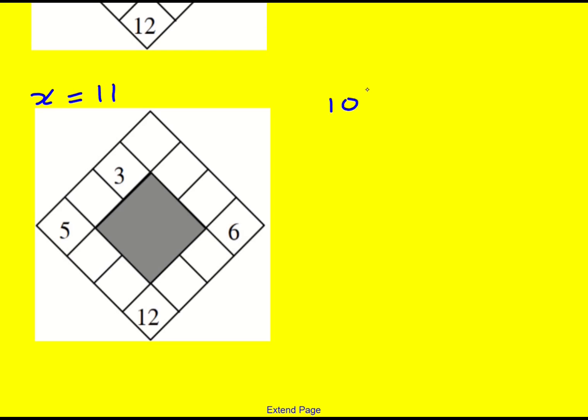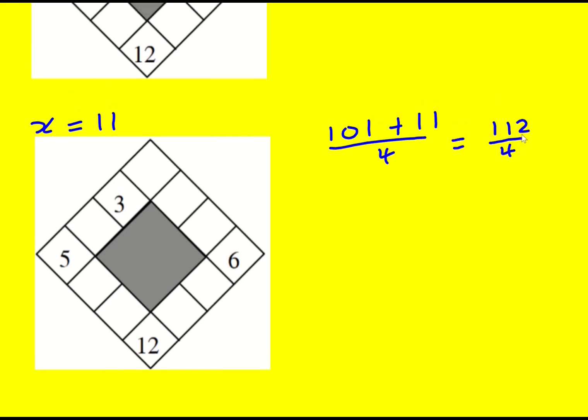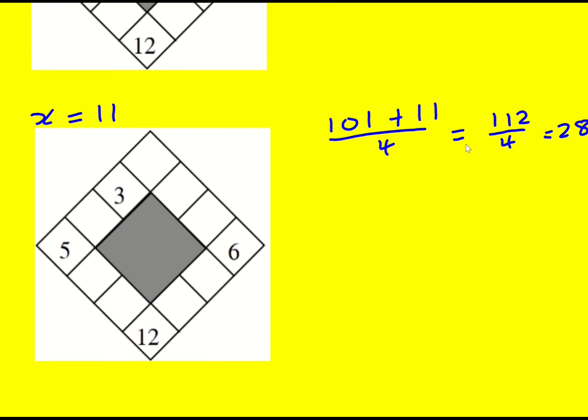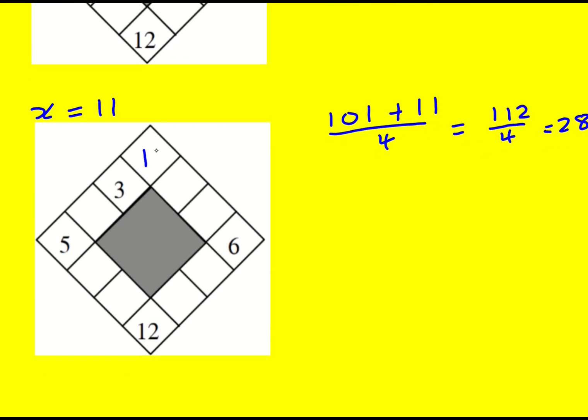So for this one, it's 101 plus 11, which is 112, divided by 4. In fact, it's the next one up from 27. It's going to be 28. And now this is 11. All right, let's try and fill this grid. So over here, I've got 19, which means that this must be 9.